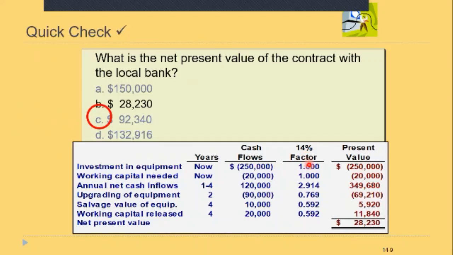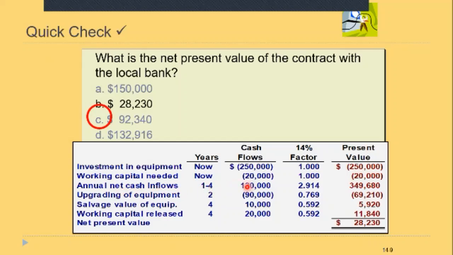At 14% interest, the factor in year 0 will be 1, and the investment is in brackets to show you that it's an outflow. The working capital needed now is 20,000. Again, the factor will be 1 because it's taking place now. It's an outflow. The annual net cash inflows are for years 1 to 4.